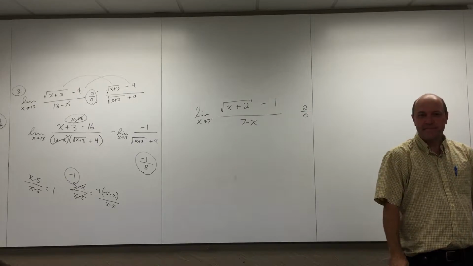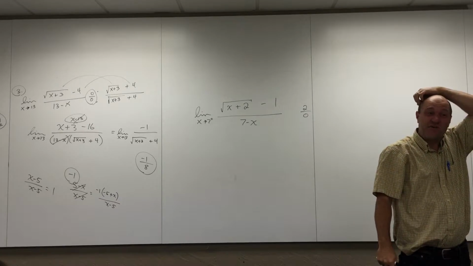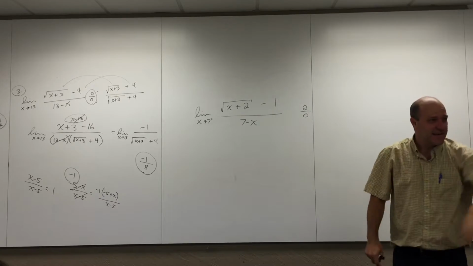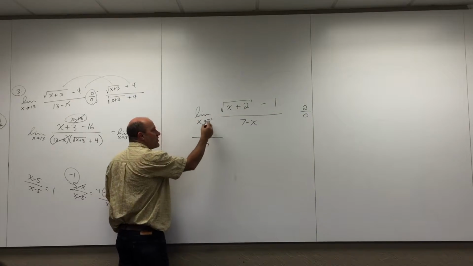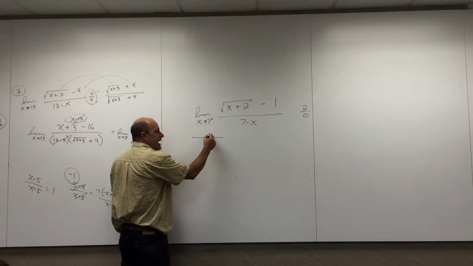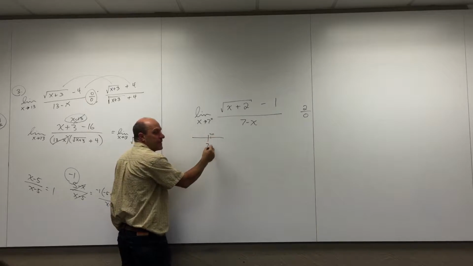It's infinity. Now, it's either positive infinity or negative infinity, and that's the part I've got to figure out. Let me think. How do I figure that out? Because I'm coming to 7 from the right, I'm on this side of 7. I'm at 7.01.